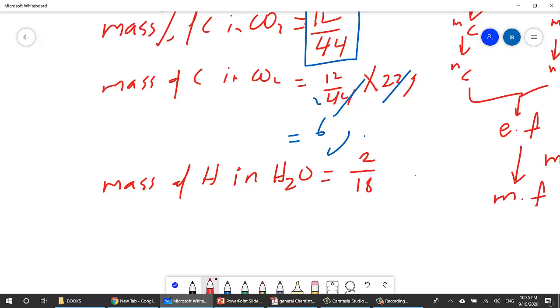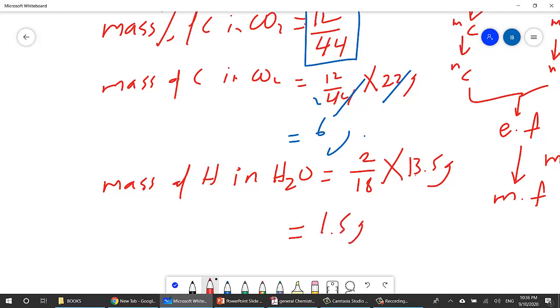We did this last time. It's times 13.5 grams, that's the mass of water. If you do the mathematics for that, it would be 1.5 grams.